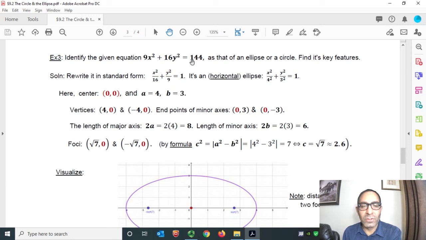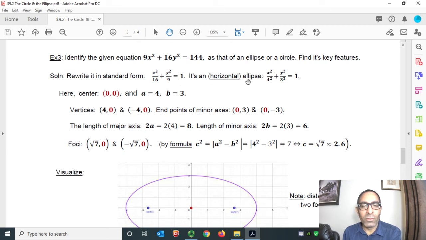So when you divide both sides by 144, cancel the 9 and 144, which leaves 16. In the second term, cancel 16 and 144, which leaves simply 9. And on the right hand side is 1.